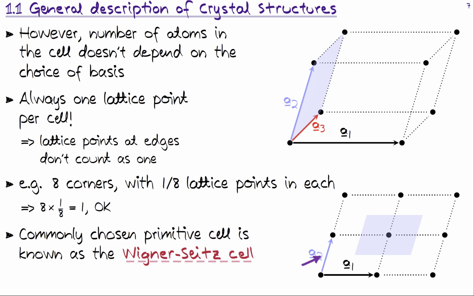We have the generating vectors, the primitive translation vectors of my lattice, a1 and a2, and I'm using them to form a primitive cell. But instead of having my lattice points in the corners, I'm translating this cell and ensuring that my lattice point is in the center of my primitive cell. When I do this kind of construction, this cell is in fact called a Wigner-Seitz cell.